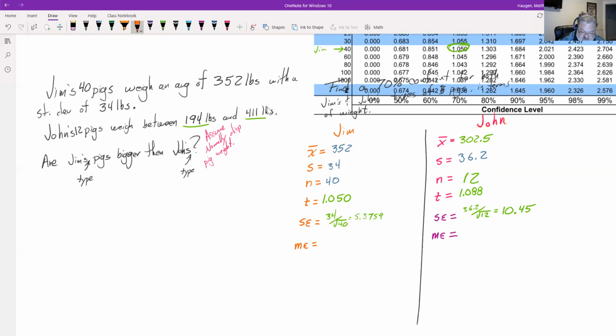Good. Then our margins of error should be the t-score times the standard error. 5.6447.